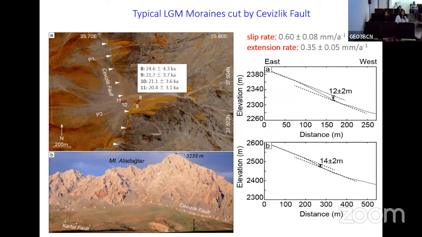And it was cut and offset by like 14 meters or 12 meters in both parts. So you can then calculate the slip rate of this fault because you know the age and you know the distance that was cut by the fault.